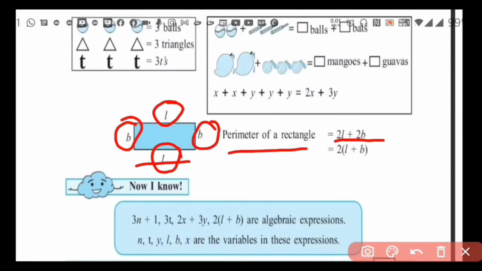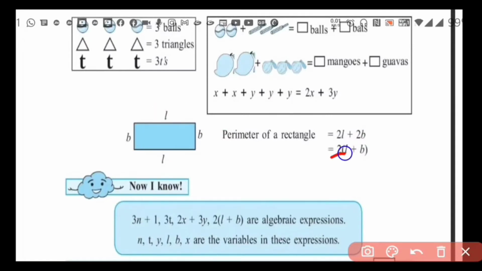But 2 is common, as you all can see. 2 is common in both these terms. So we can write 2 common, and inside the bracket there will be L plus B. So the perimeter of a rectangle formula is 2 into bracket L plus B. So what can we say from this? Now I know 3n plus 1, 3t, 2x plus 3y, then 2 into bracket L plus B are all algebraic expressions where n, t, y, L, B, x are all the variables in these expressions.